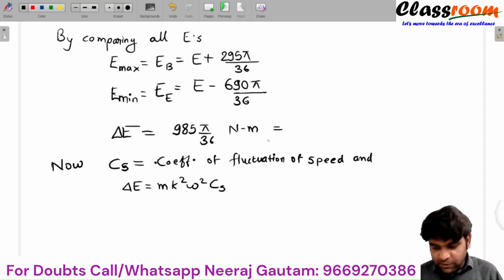Here, after the calculations of this 985 by 36 pi, we get approximately 86 joules of energy.